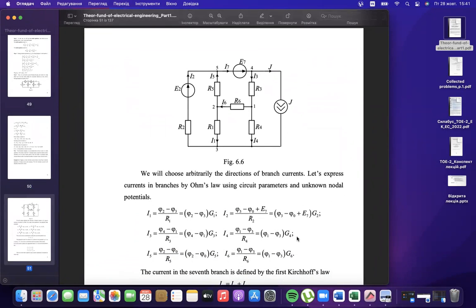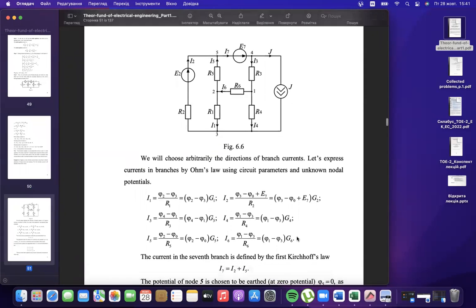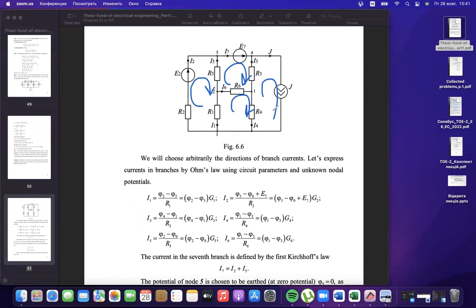Then, for revision of the material, to make it even more clear, let's look at the last example for this method. Example number 2. If we compare which method will be better: in mesh current, we have a system of 3 equations, 1, 2, 3.